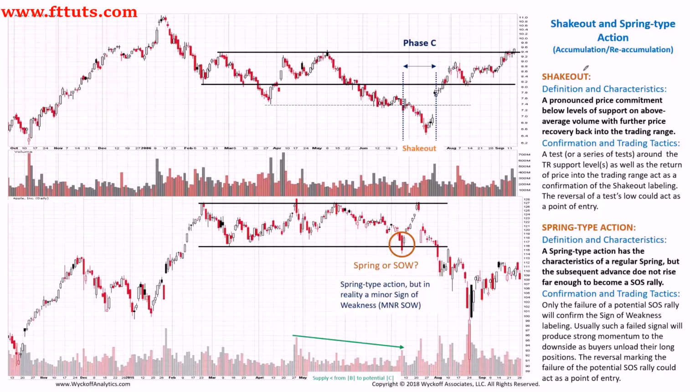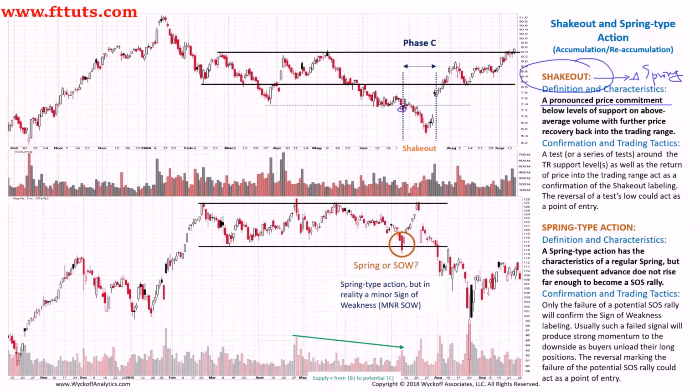The difference between a shakeout and a sprint: we said that the sprint is either an attempt or a temporary commitment below the support level. Shakeout is much more than that. On a very simplistic level, think about the shakeout as a very, very deep spring. So it's a pronounced price commitment below levels of the support.